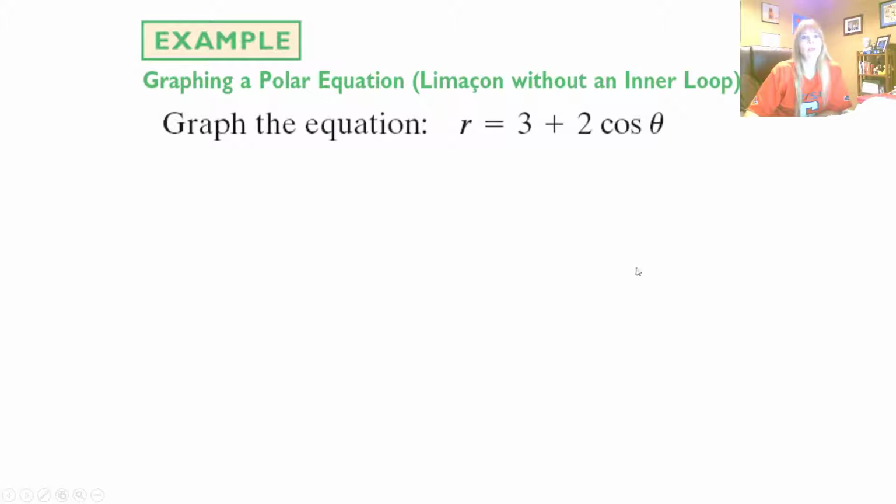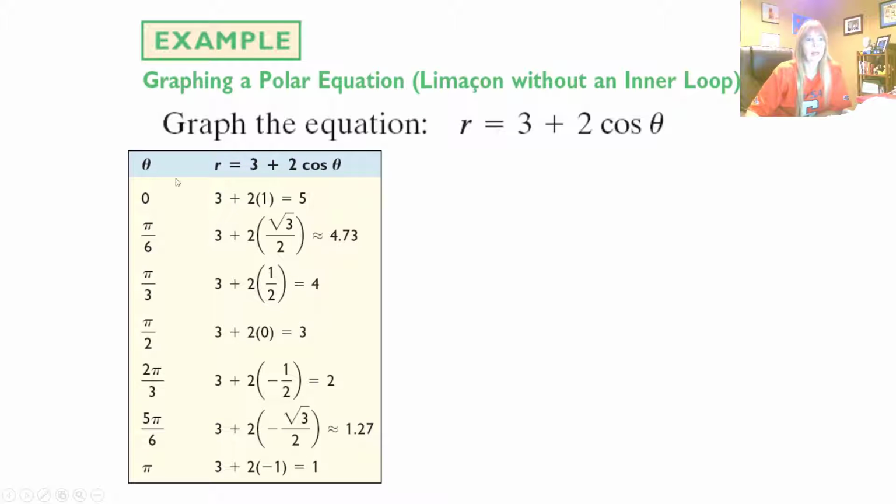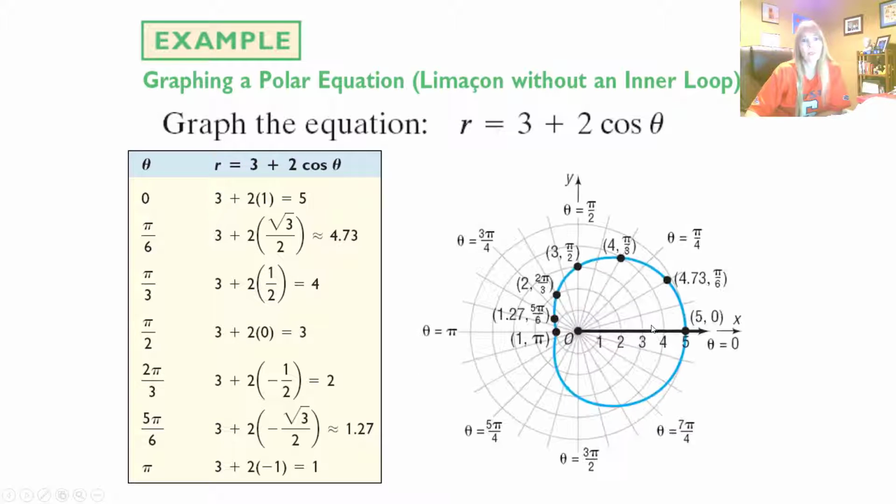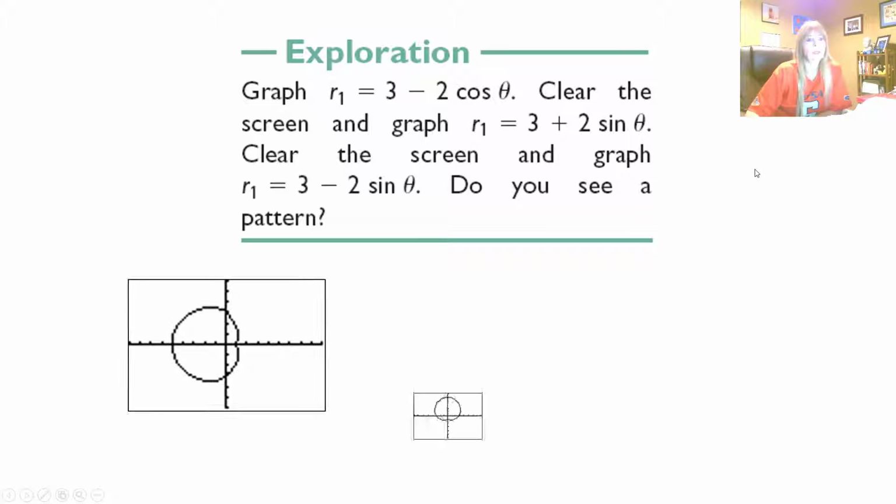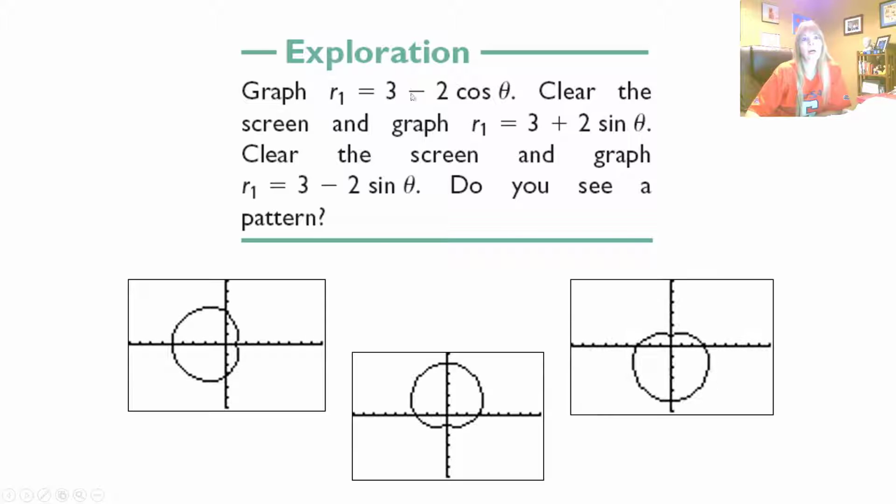If I want to graph this one, I'm going to graph them very quickly for you. I once again plot some points, and as I see, this is a limacon with an inner loop, and I can see what happens when I change from negative to positive and from cosine to sine.